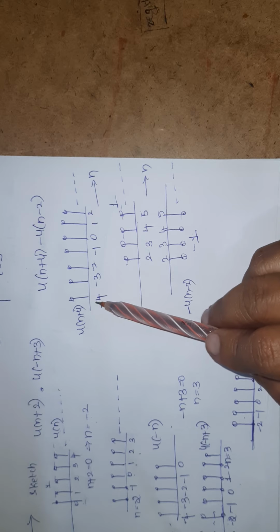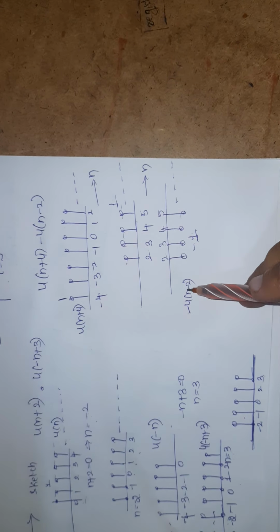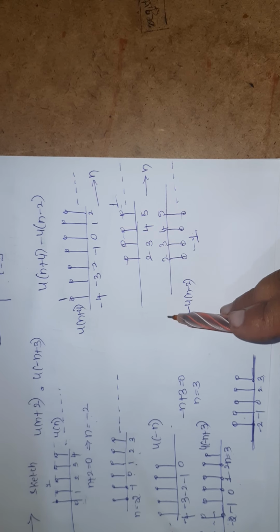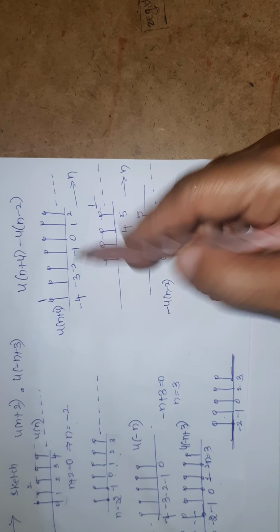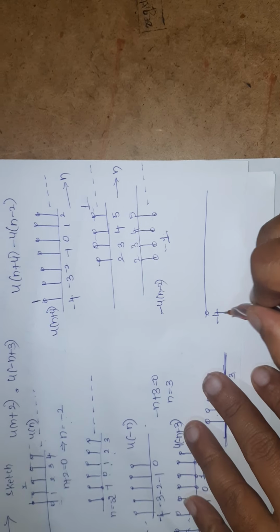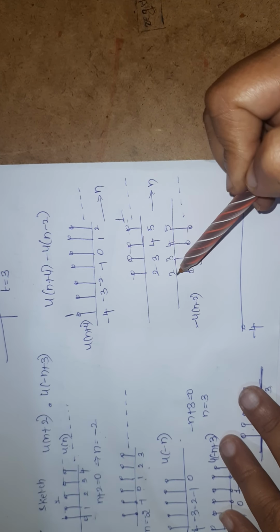See, for minus 4 it is 1, and here I am not having any samples at minus 4. Draw this. For minus 4 I am having the magnitude 1. Here no magnitude, means 0.